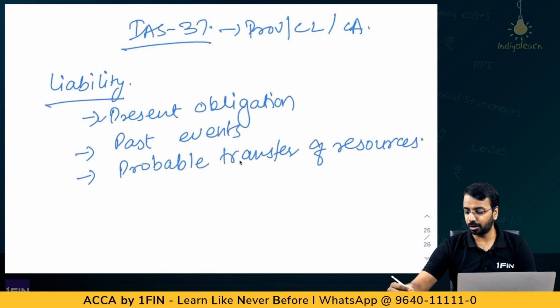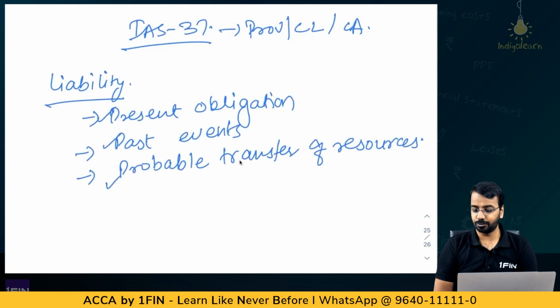Okay. So, if there is a present obligation arising out of past events and there is a probable transfer of resources, we call it a liability, right.